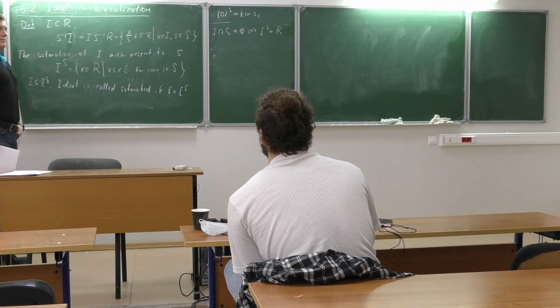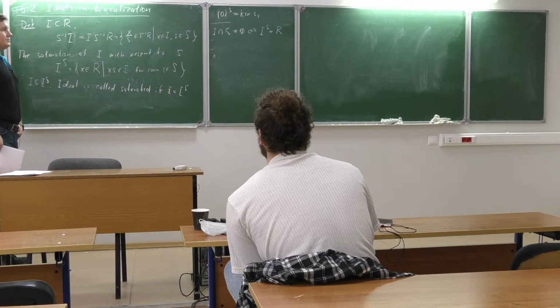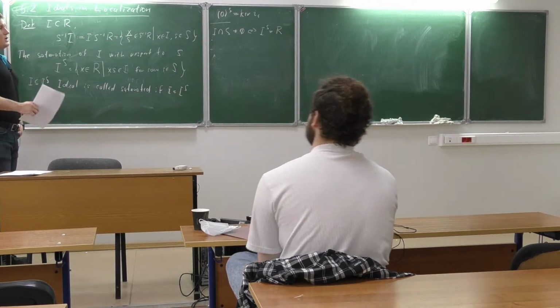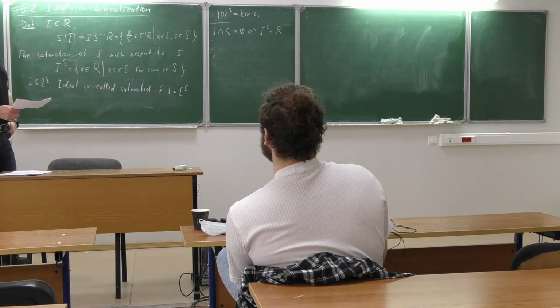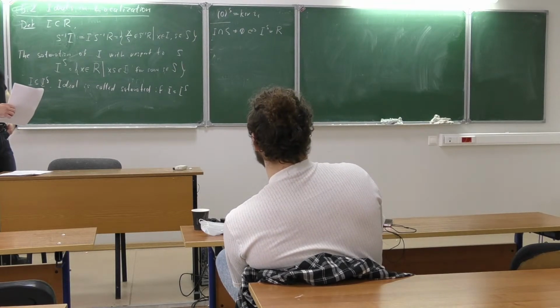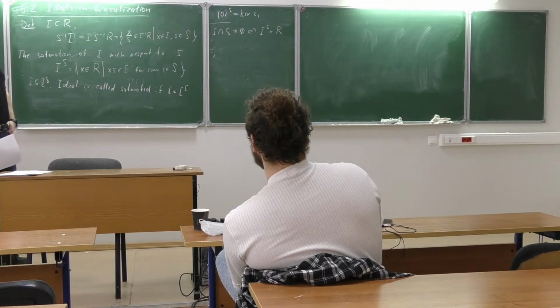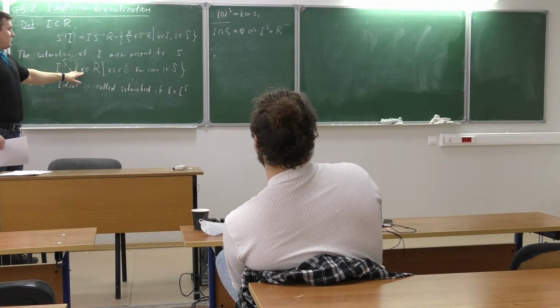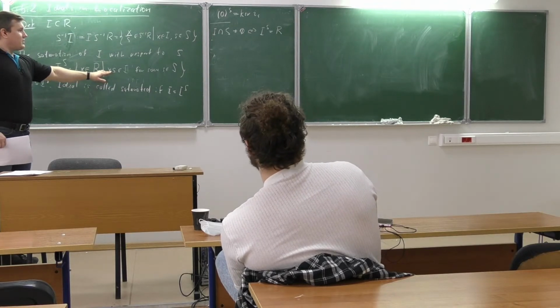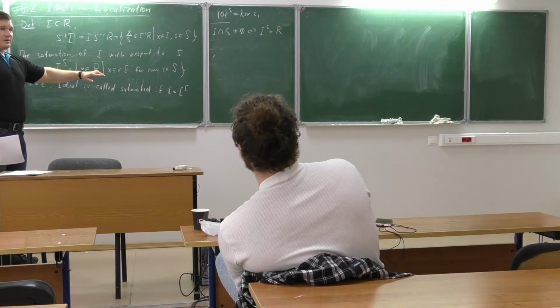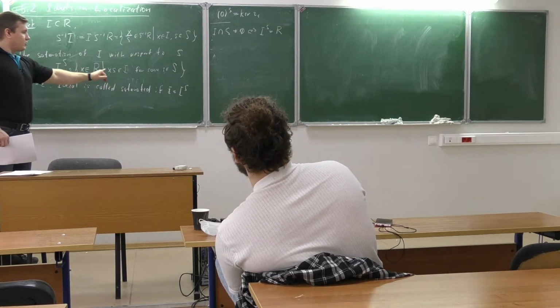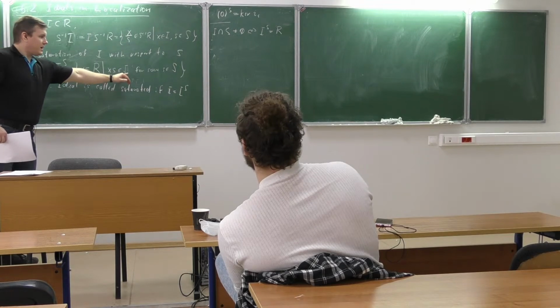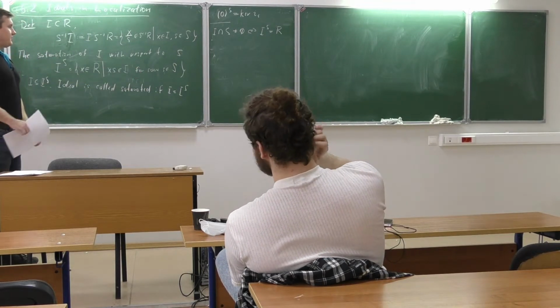Essentially, to show that the saturation is the ring, you need to show that 1 is in it. If you just look at the definition, you can take s, which is at the same time in the ideal and also in the multiplicative set. Then you can take 1 and the product of 1 and s. It satisfies both conditions: it is in I, and also s is in the multiplicative set.